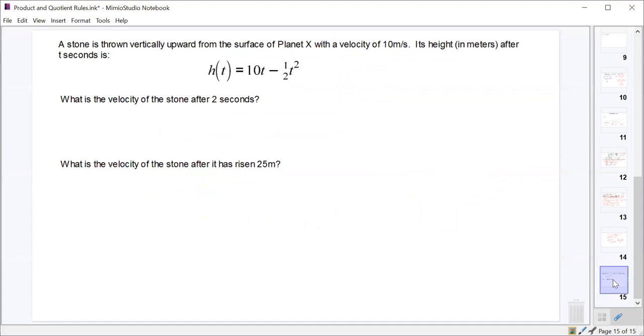We've got a stone that we're throwing vertically upwards on some unknown planet with a velocity of 10 meters per second. And it has a height, according to that equation, at any t value, 10t minus 1/2 t squared. If we want to know what's the velocity after 2 seconds, how are we going to find the velocity?